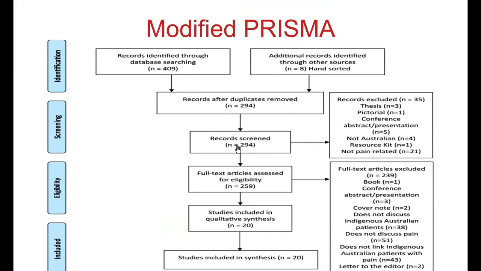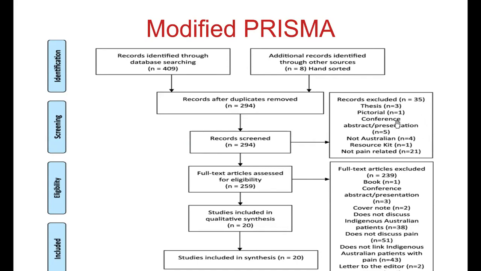Then after screening, some records were excluded. For example, literature which were theses or dissertations were 3, pictorial was 1, conference abstracts and presentations were 5, etc., etc. Or maybe non-Australian, since the focus of these authors was only on articles published in Australia on that specific domain.